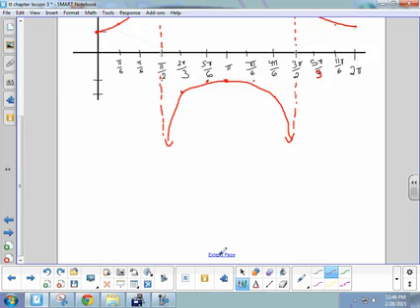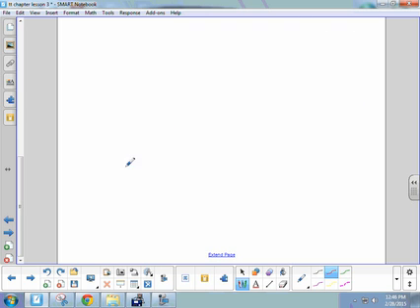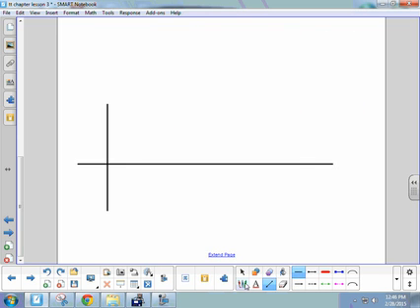For a sine graph and a cosecant, well, let's do those in straight lines. We've got pi over 2, pi, 3 pi over 2, and 2 pi.